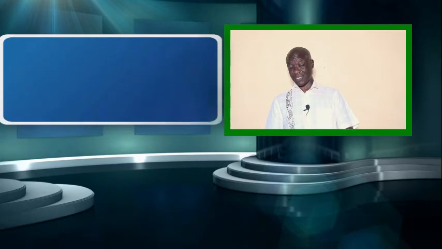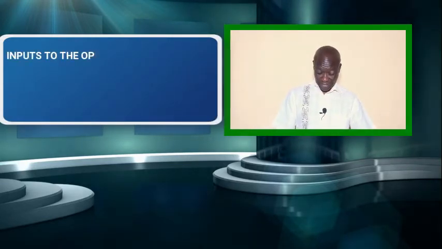So the outputs from the conceptual phase become direct inputs to the operationalization phase. You remember we had outputs. We looked at the conceptual stage. Conceptual, we had the inputs, we had the various processes in between there, and the outputs, right? Now, the outputs of the conceptual stage actually become inputs to the operationalization phase, ladies and gentlemen.